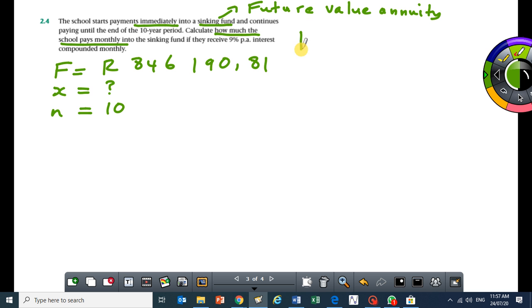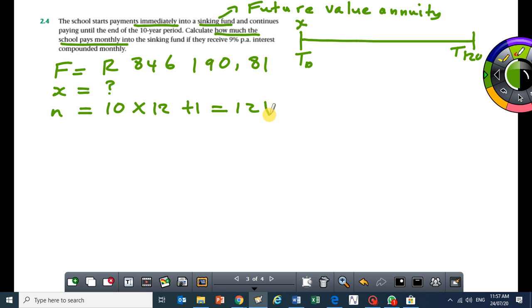So we are going to have 10 times 12, that's 120. So we have T 120 there, and that's T naught. So an X amount is put there. So this one is going to be 10 times 12 plus 1, which gives us 121.